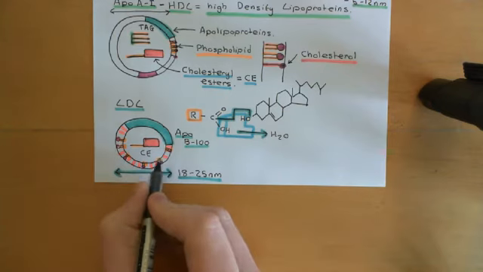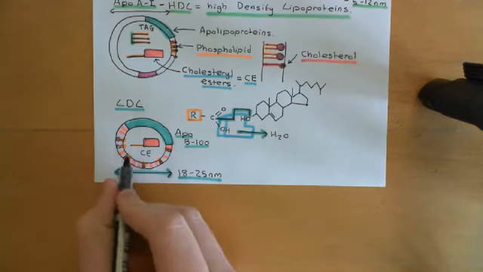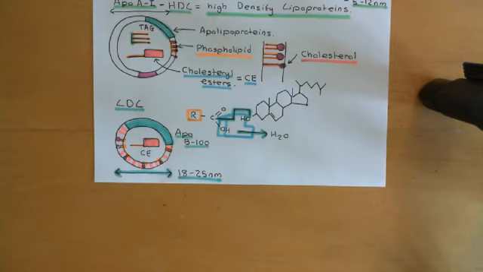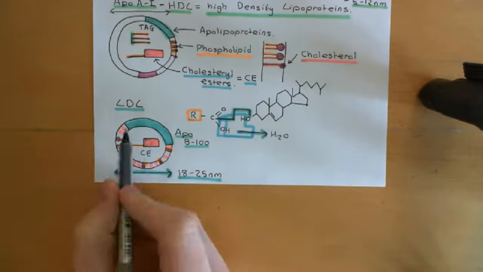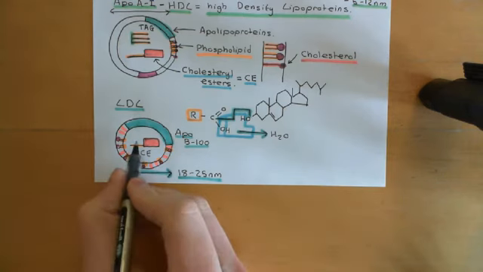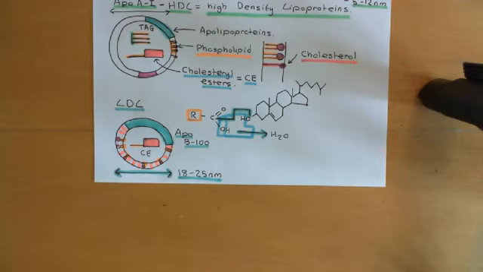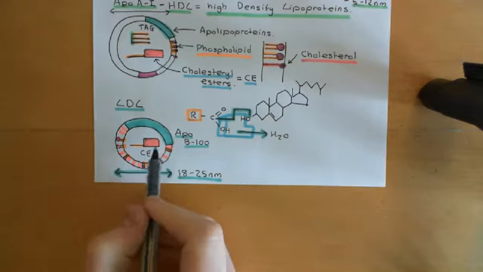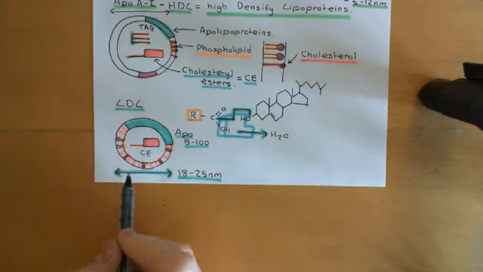Key is the fact that in their core you have really only cholesterol esters. That's the main hydrophobic molecule in the core of the LDL particles. Cholesterol esters can be returned to free cholesterol very easily. All you need to do is break that long chain carboxylic acid off, and then you've got cholesterol. So that is an accessible form of cholesterol.